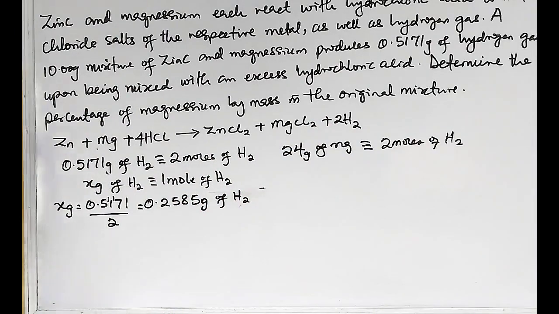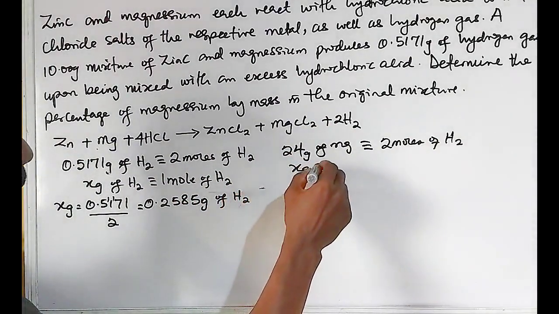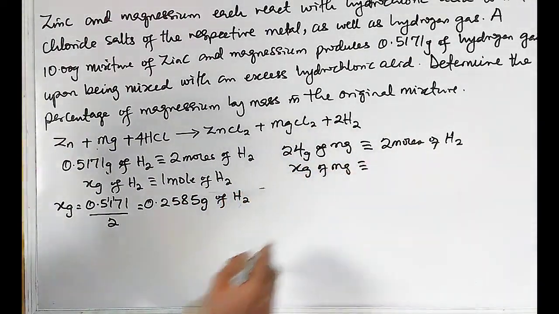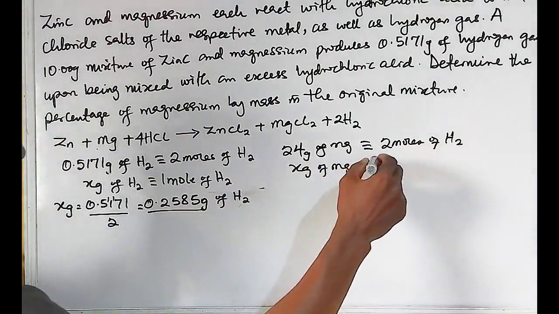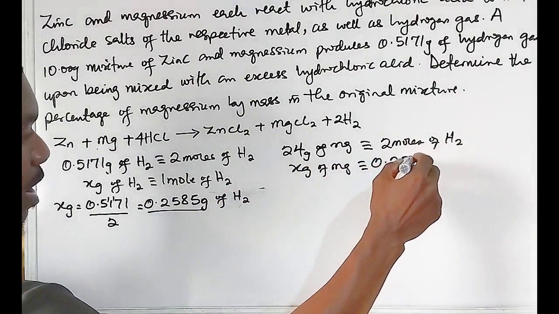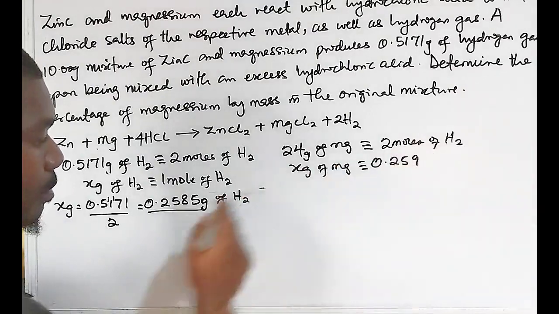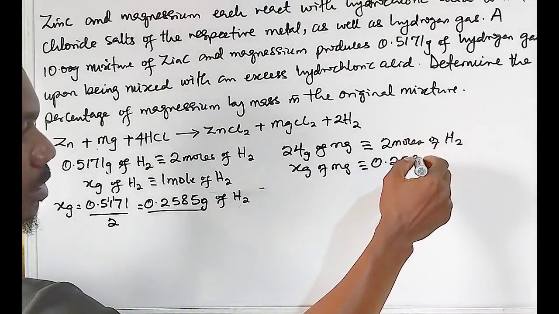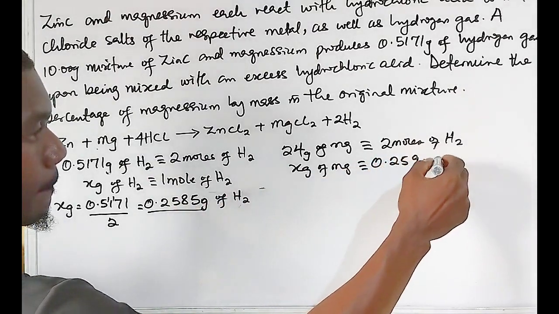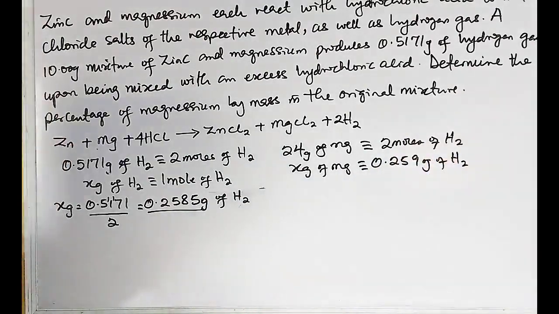Now what gram of magnesium will give 0.259 approximately gram of hydrogen gas?